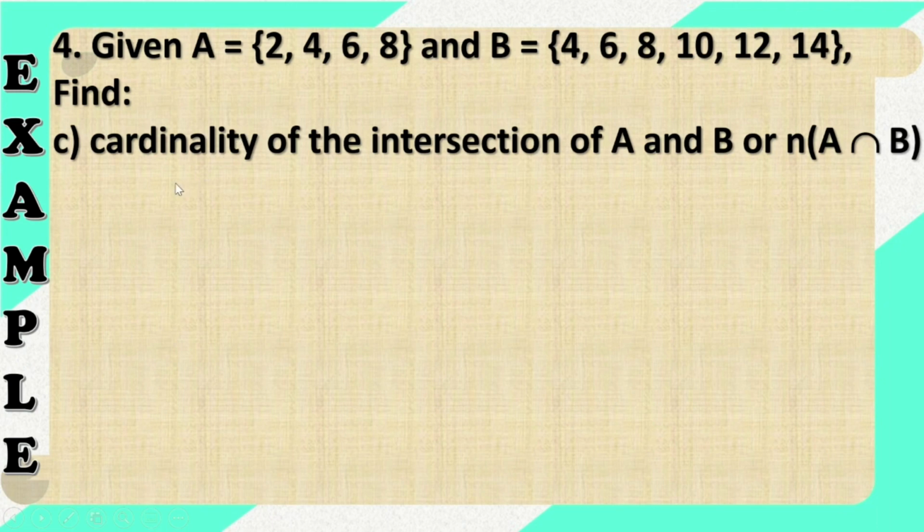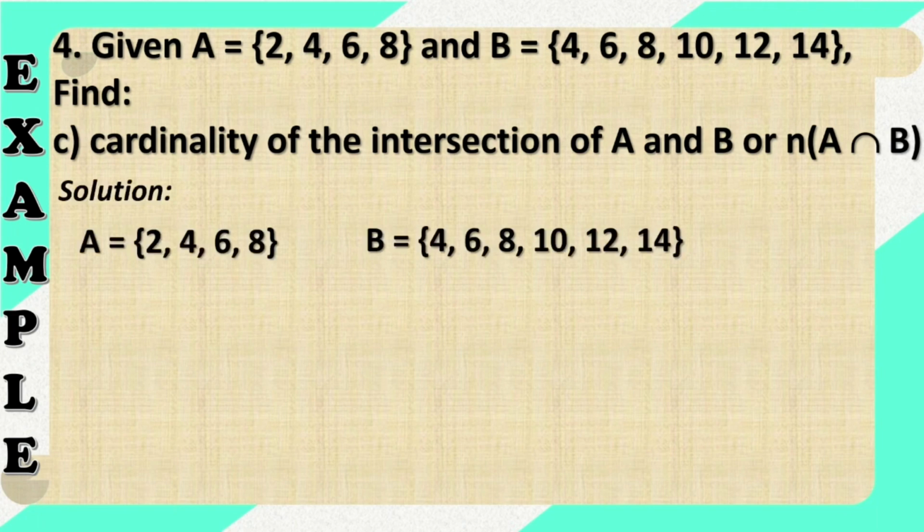For letter C, find the cardinality of the intersection of A and B. So, hanapin natin yung common elements ng event A and event B. Ano yung common elements nila? We have 4, 6, and 8.